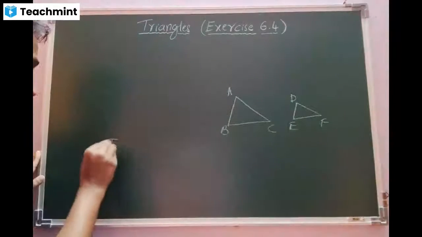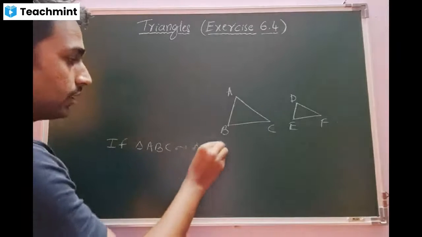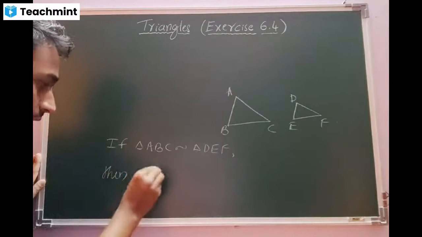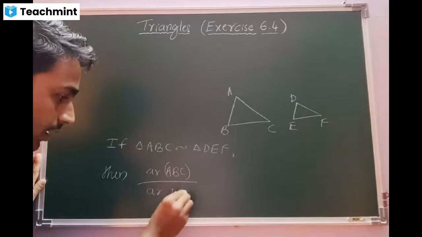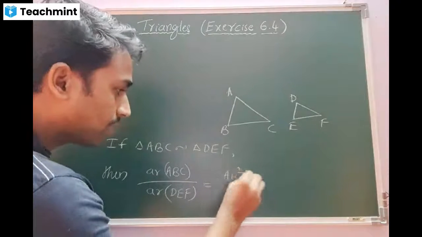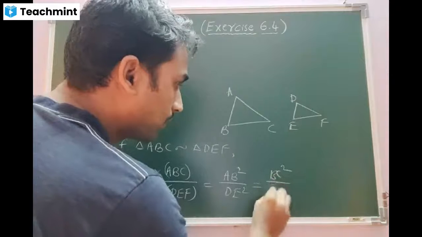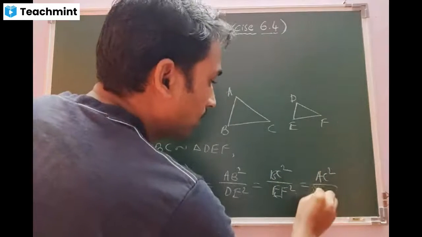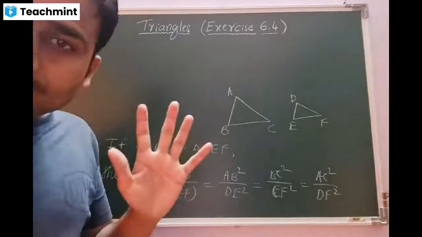If ABC is similar to triangle DEF, then area of ABC divided by area of DEF will be equal to AB square by DE square, equal to BC square by EF square, equal to AC square by DF square.